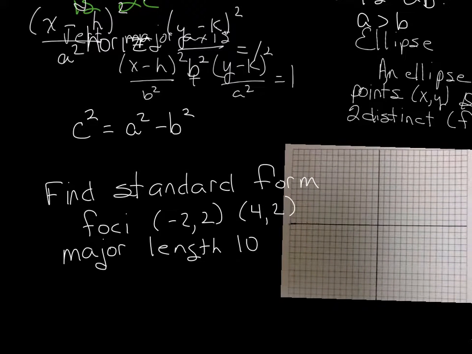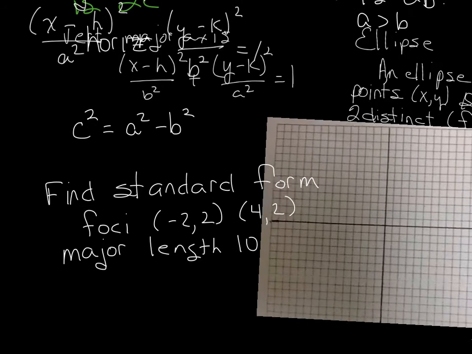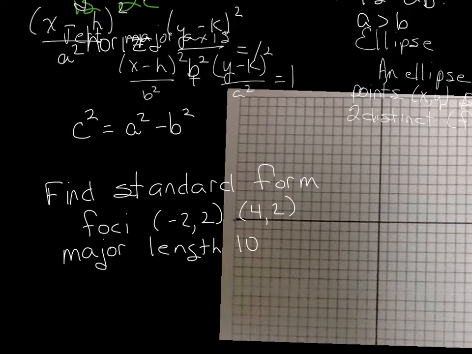So the foci are (negative 2, 2) and (4, 2). Are we going to have a horizontal major axis or a vertical major axis?